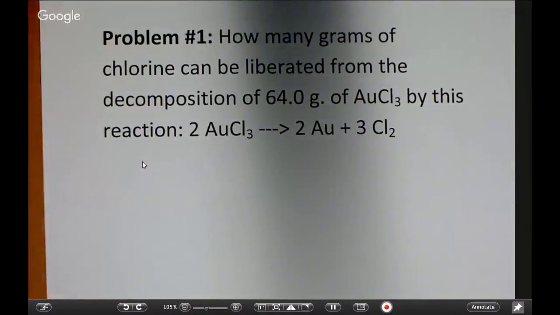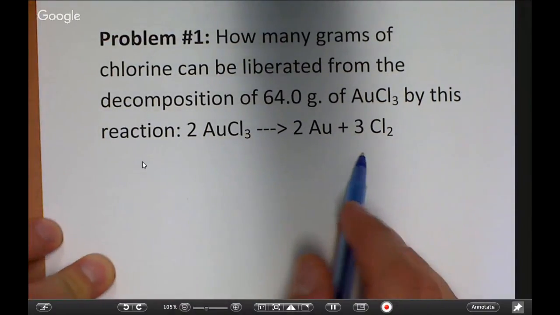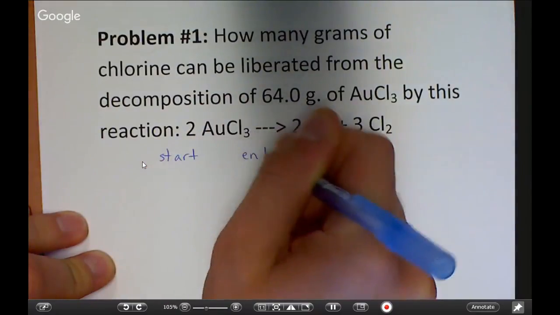So in problem 1, how many grams of chlorine can be liberated or freed up or produced from the decomposition or breaking down of 64.0 grams of gold 3 chloride by this reaction? The equation is provided and it is balanced. As we've set up in class, we identify our start point and our end point, right?